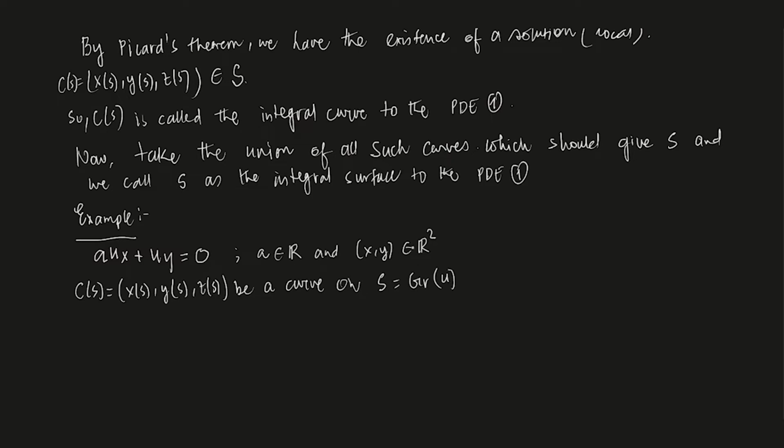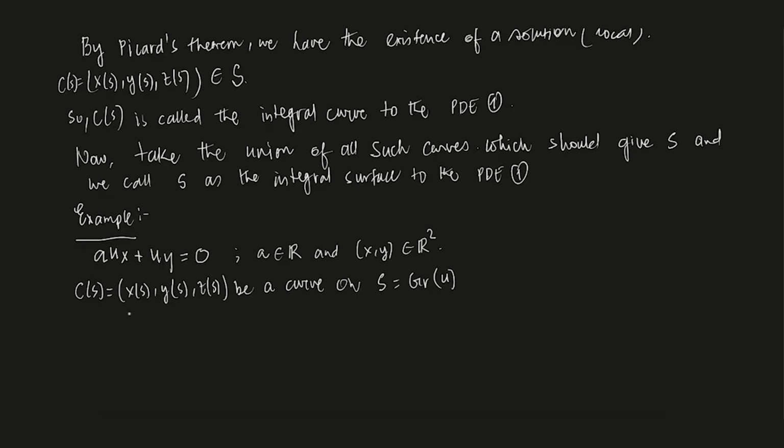This is assuming that u is a solution, which we already know. u is unknown. We are assuming that there is a solution. I don't know what the explicit solution is. That is what we need to find. I am assuming there is a solution, not an explicit solution. I know there is a solution, and I want to find the explicit solution. That is why we are doing all of this.